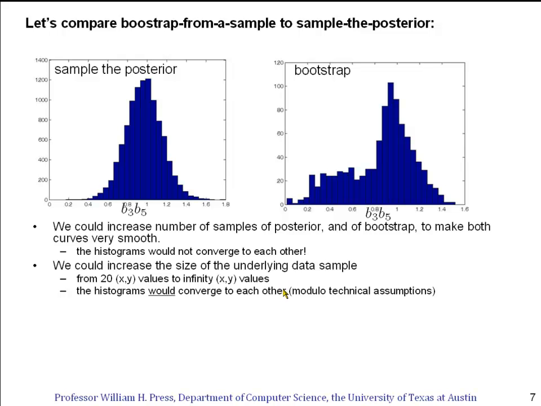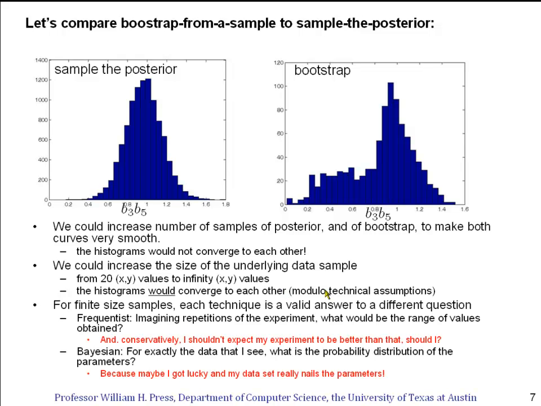And that's the sense in which asymptotically sampling the posterior and bootstrap resampling do converge to the same estimates. But we're never in asymptopia. We always have finite size data sets. And in that case, each of these two techniques is a valid answer. They're just answering different questions.